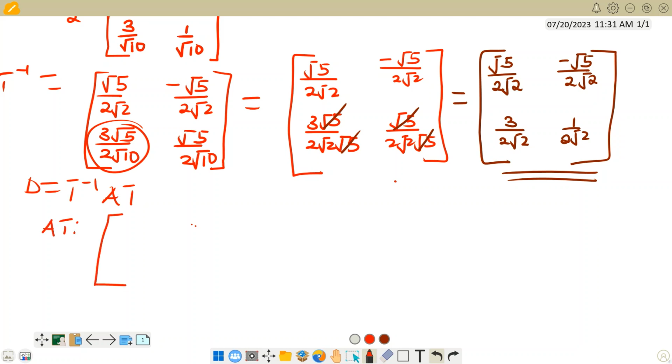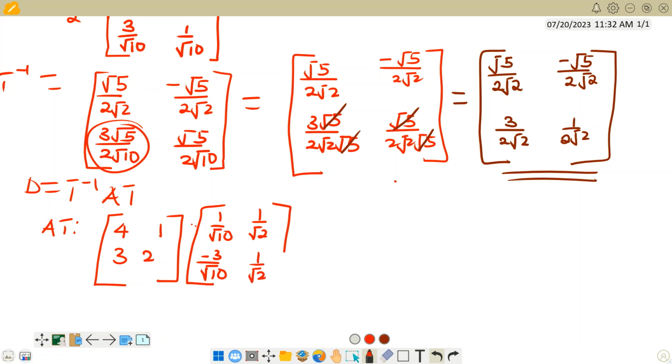We know that our A is 4, 1, 3, 2. Okay, this we are multiplying by t, and remember that our t is 1 over square root of 10, 1 over square root of 2, minus 3 over square root of 10, and also 1 over square root of 2.